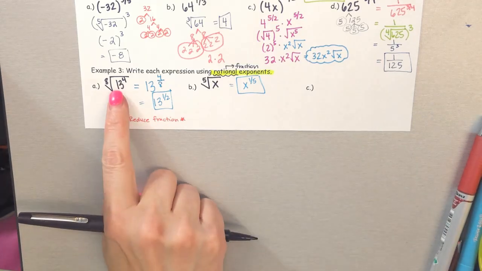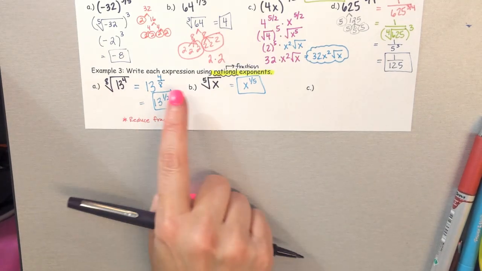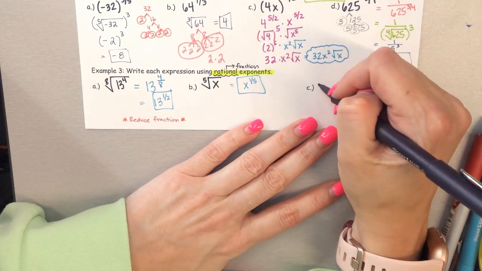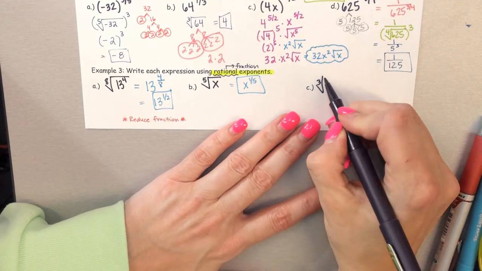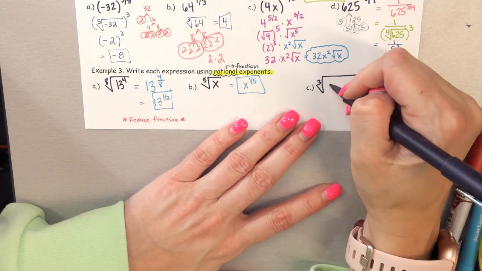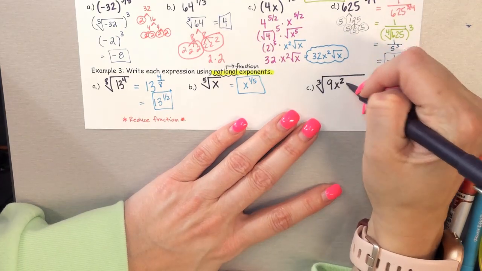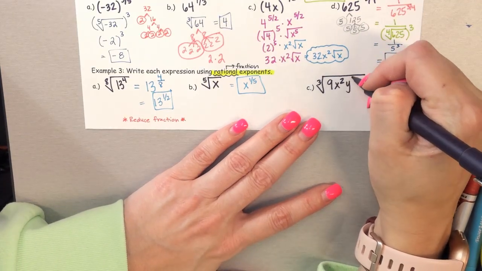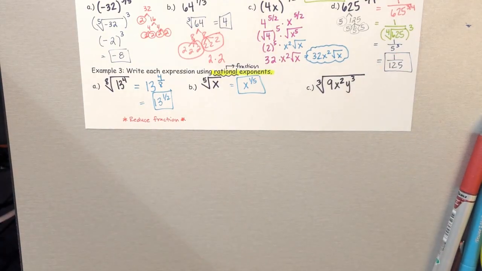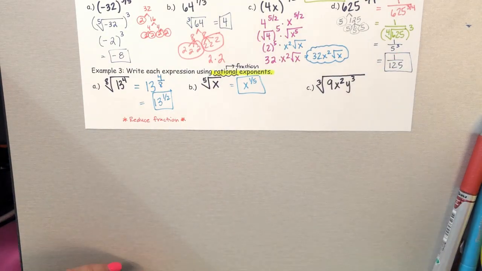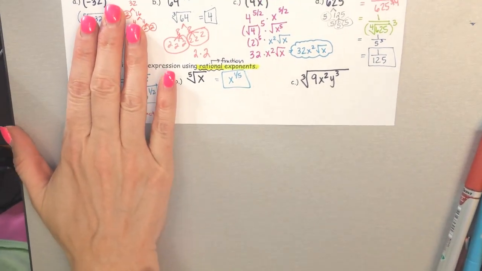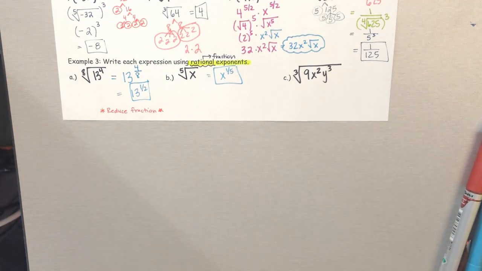Okay, now both of these had only one value underneath. In part C, our radicand has a 9, an x squared, and a y cubed. 9x squared y cubed.